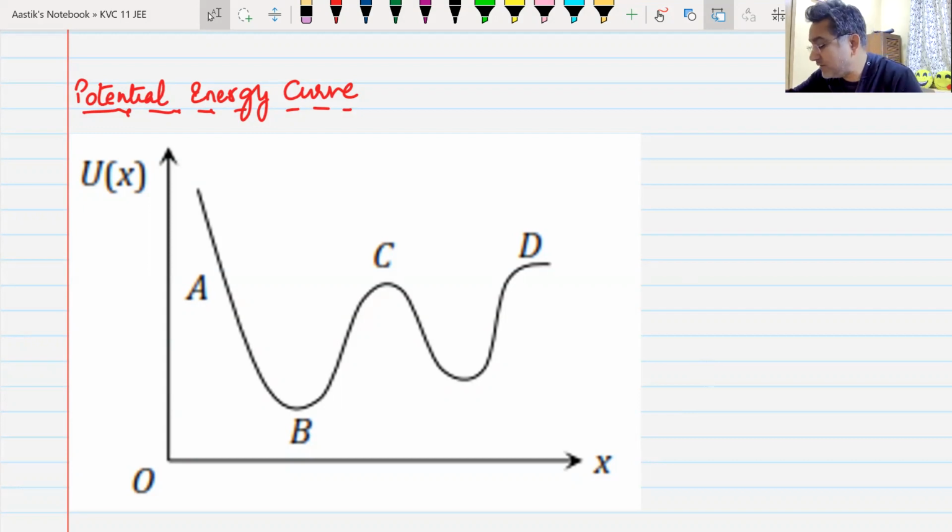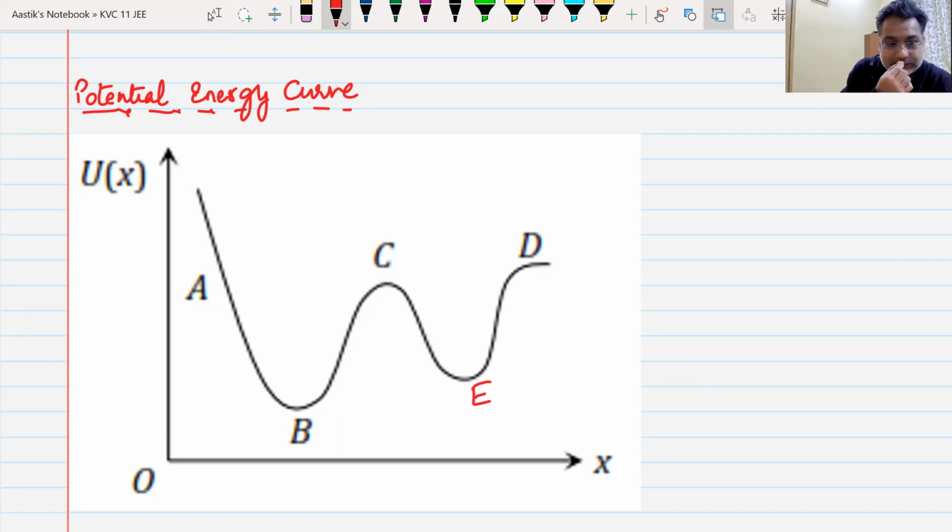There are some points which are of great importance here. What are the points which seem very important? Now, whenever we have this curve, this is a one-dimensional force.